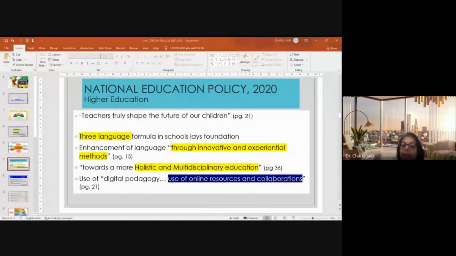But the NEP emphasizes multidisciplinarity in education. Do you think it is necessary for a physics teacher to know a little bit of history or vice versa? Is it necessary? This is a provision of national education policy, and therefore I'm asking you this question.